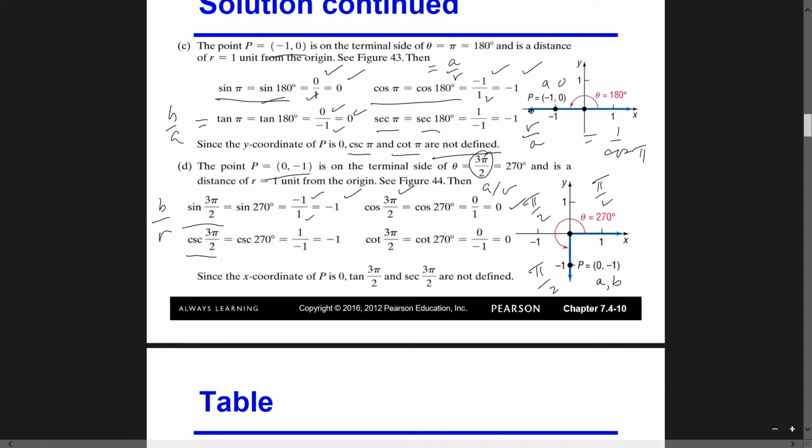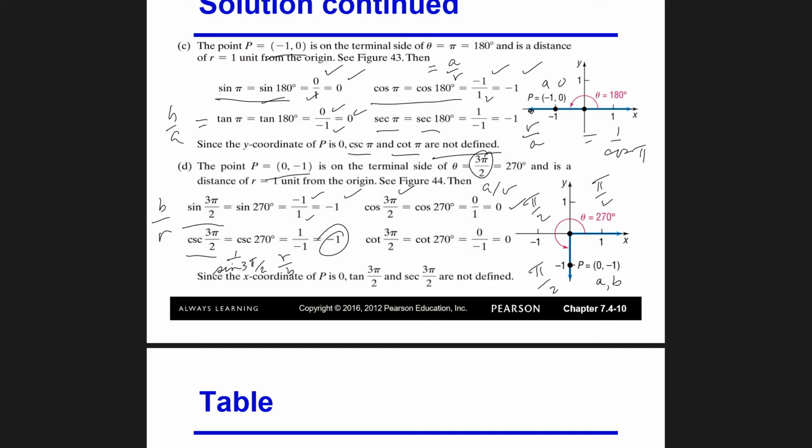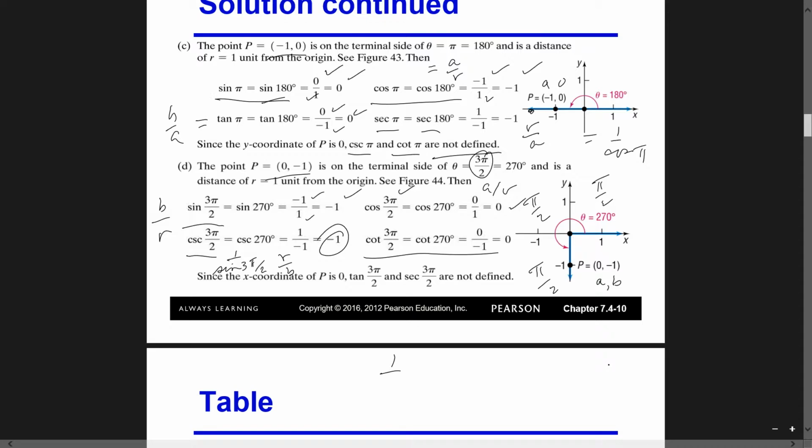Cosecant of 3 pi over 2 is 1 over sine of 3 pi over 2, which is minus 1, which is also equal to r over b, which is 1 over minus 1. Finally, cotangent of 3 pi over 2 is equal to 1 over tangent.